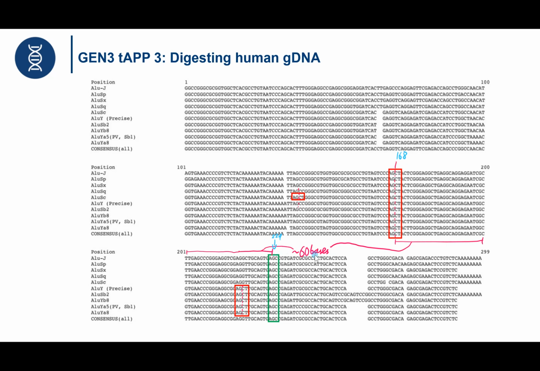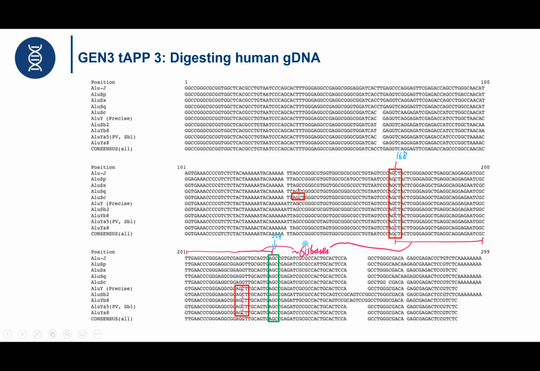And because every single sequence can get cleaved here and here, we're going to have the largest number of DNA fragments, right? If every single sequence can get cleaved and make this fragment, we're going to get the most fragments overall.